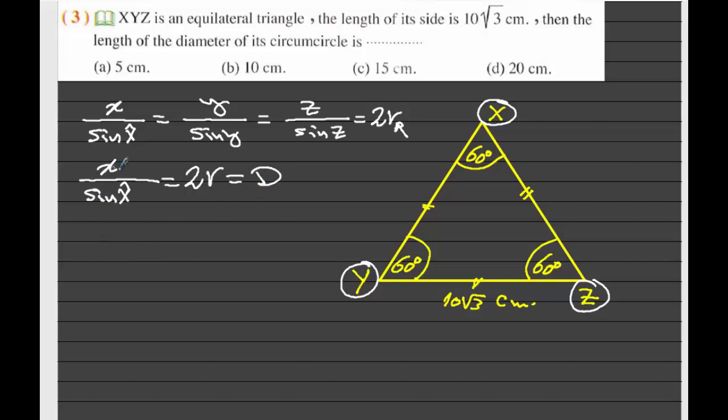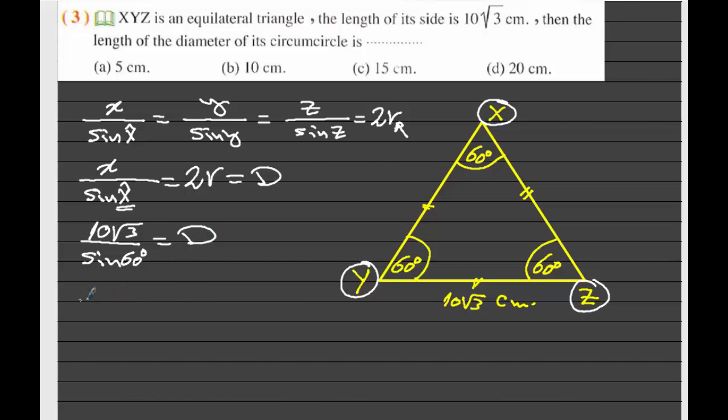And x equals 10 root 3, so 10 root 3 over sine X, where X equals 60 degrees, equals 2r, or the length of the diameter d.